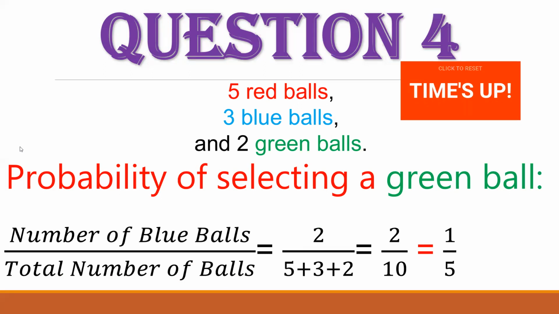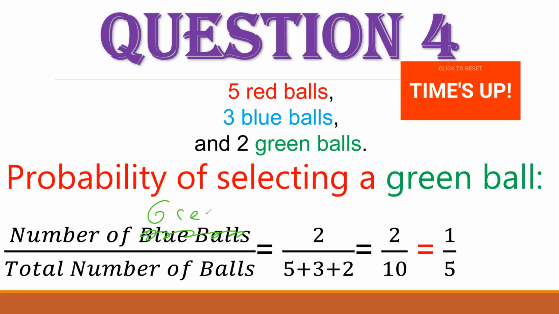So to get the probability of selecting a green ball, number of blue balls, sorry, we should write green here, sorry. Number of green balls over total number of balls.